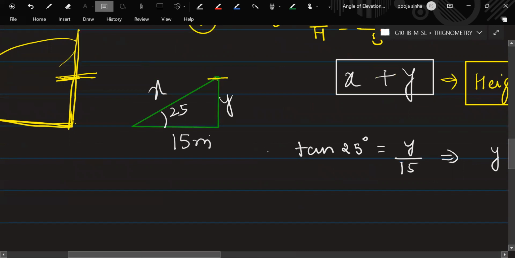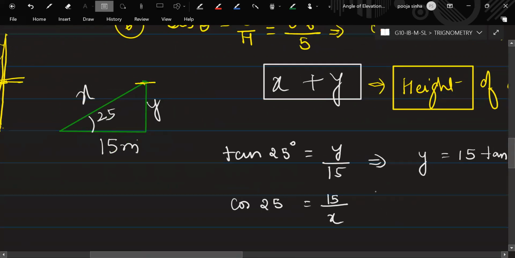This uses cos. Cos 25 will be adjacent upon hypotenuse. Adjacent is 15, and hypotenuse is x.